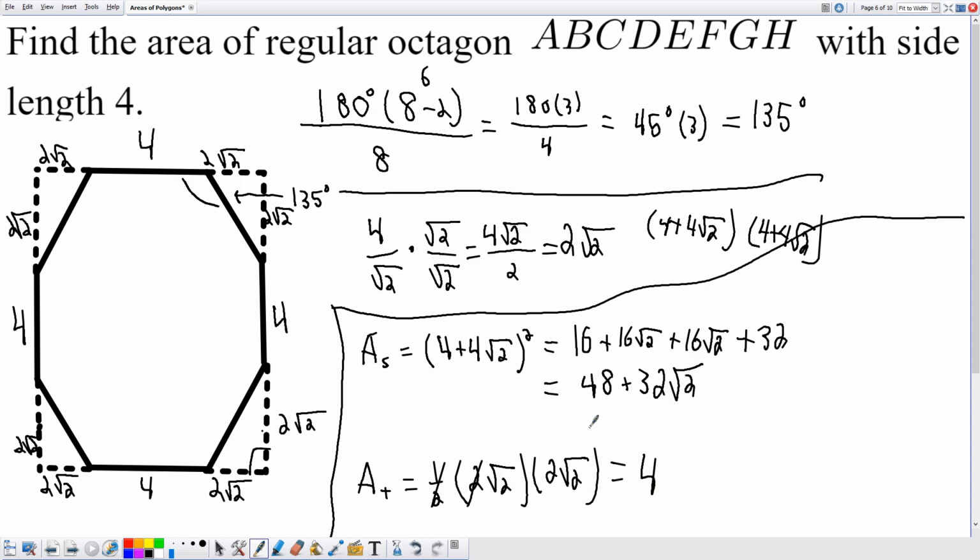So, taking our two areas, we also have to take this area and multiply it by 4, because there's 4 triangles in our octagon. So 4 times 4 ends up just being 16.